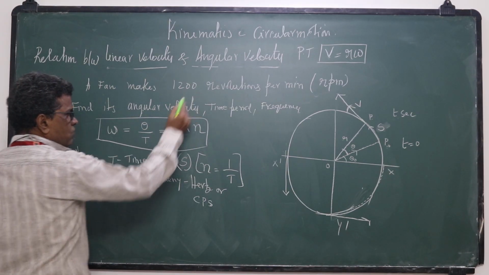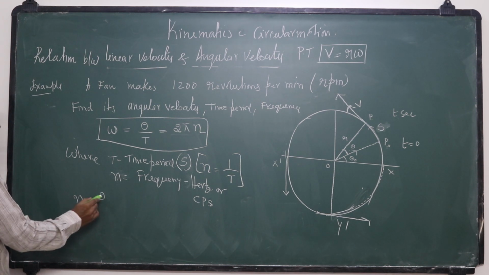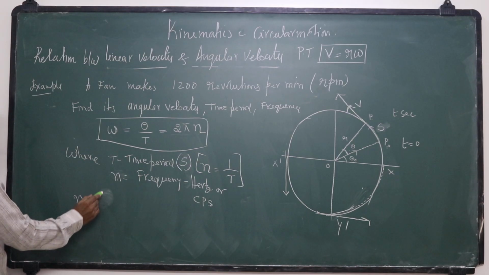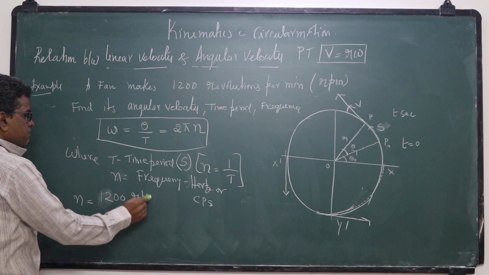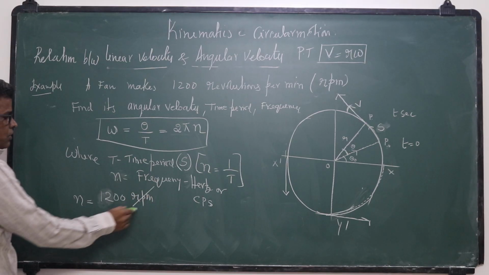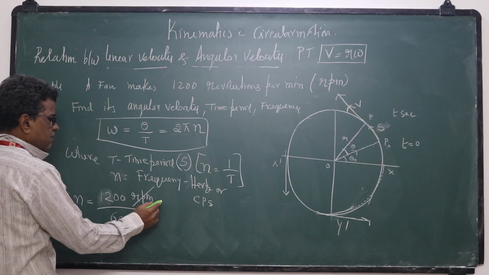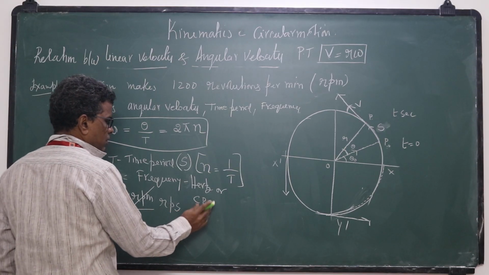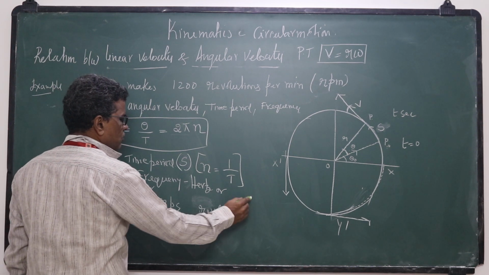So the fan makes 1200 revolutions per minute, and I want n, the number of revolutions per second. 1200 RPM, revolutions per minute, I want to convert into revolutions per second. So I divide by 60. Then the RPM is converted into RPS. What is RPS? Revolutions per second.